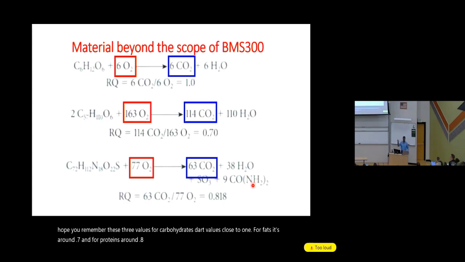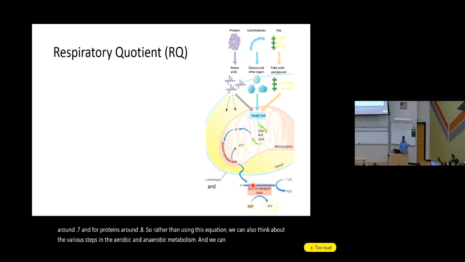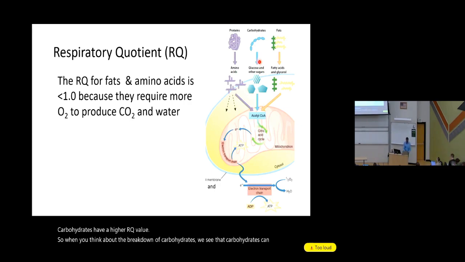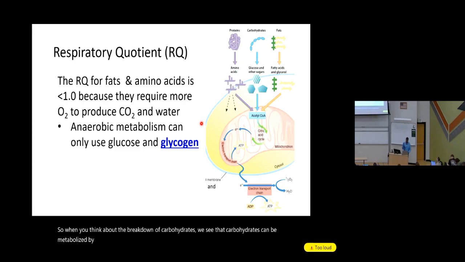So rather than using this equation, we can also think about the various steps in aerobic and anaerobic metabolism, and we can understand why carbohydrates have a higher RQ value. When you think about the breakdown of carbohydrates, we see that carbohydrates can be metabolized by both the aerobic and the anaerobic pathway.